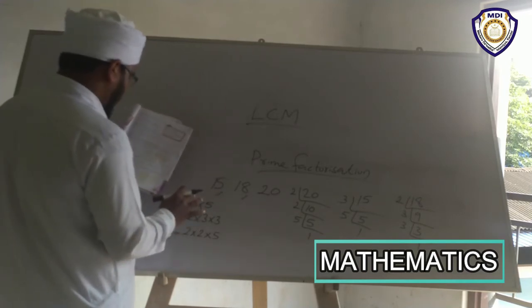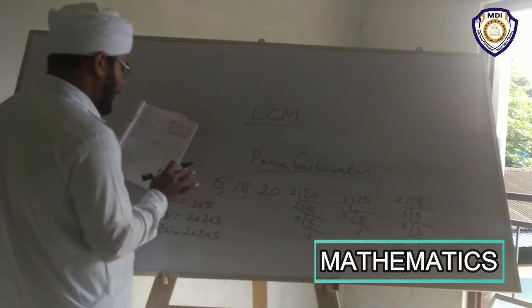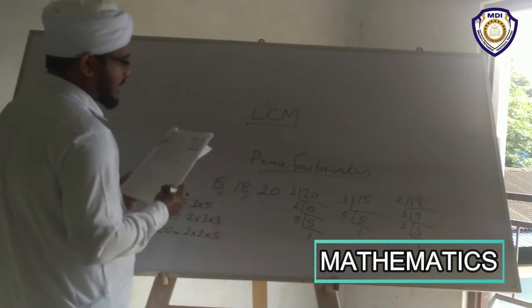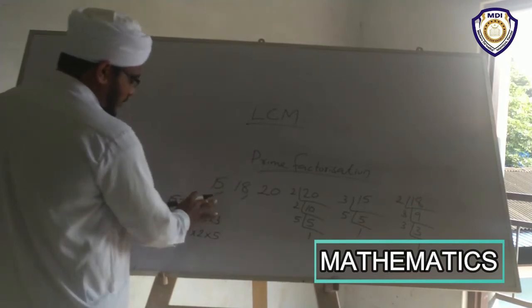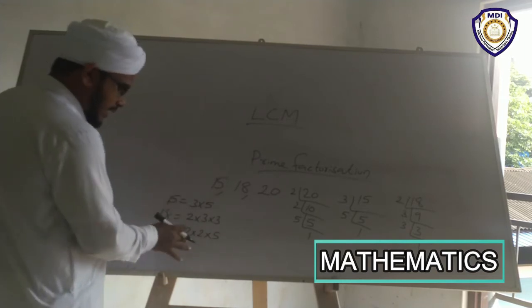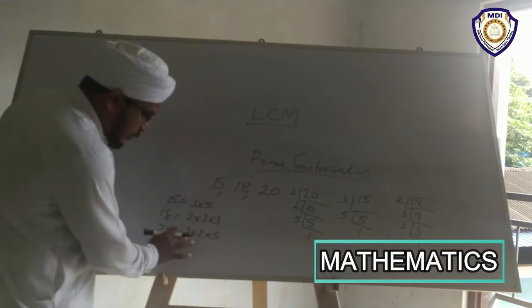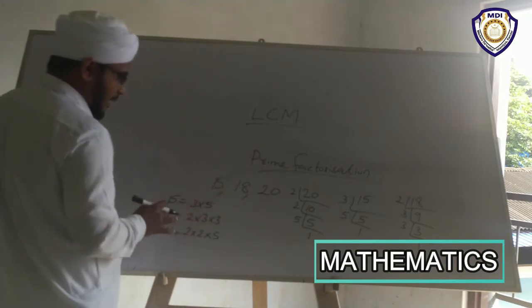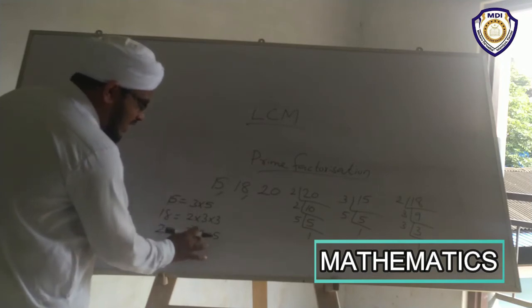The largest number of times each prime number occurs in the factors. Here, which are the prime numbers? 5, only one time. First we take ascending order, 2. 2 here 2 times. Here only 1 time. Here no 2. Then 2 here 2 times.